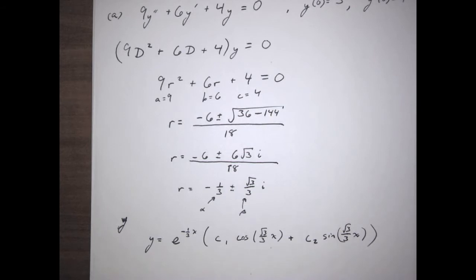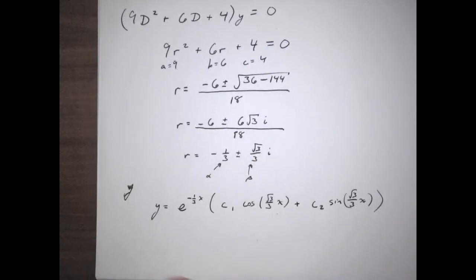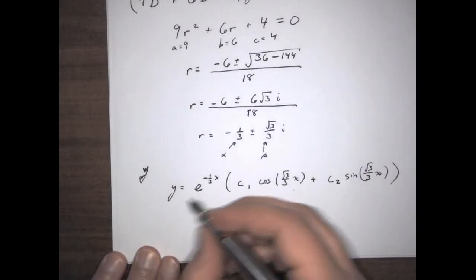Now, that's all well and good, except that if I want to use the initial condition here, I need to be able to take the derivative, and it'll be easier to take the derivative if I distribute that.